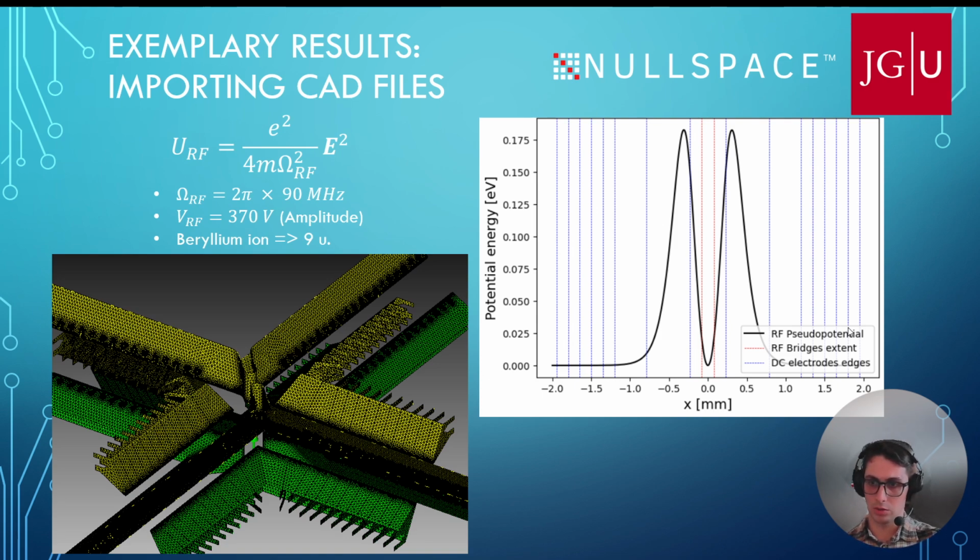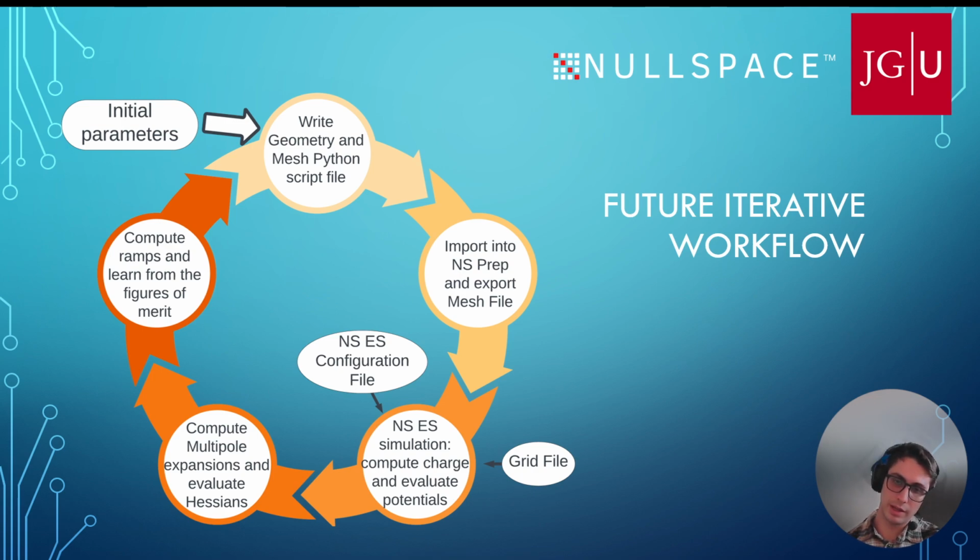So I will go now to the last slide. What you can see here is how we would like to be able to use Nullspace at the end. Well, I already showed you the Python script file with some initial parameters. We can then generate the mesh file with Nullspace prep, then compute the charge and evaluate the potential with both the Nullspace configuration files, the input deck file and the grid file.